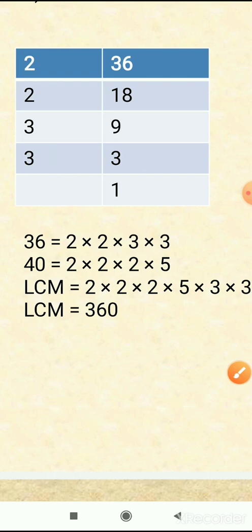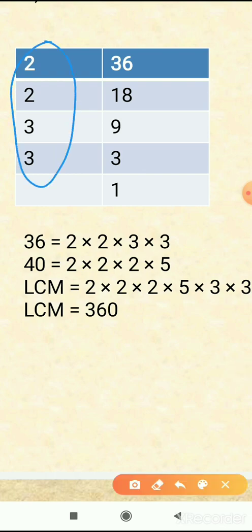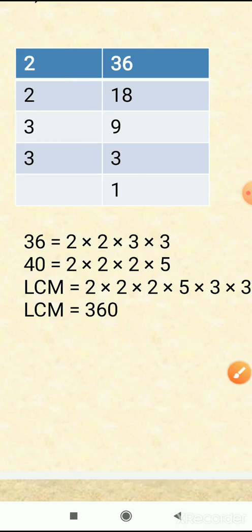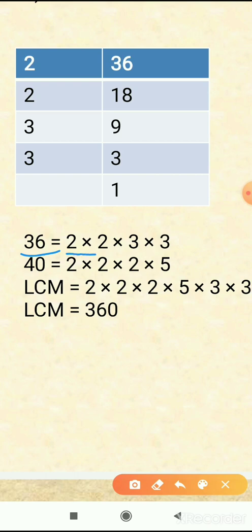Here all the divisors are prime numbers, so we get the prime factorization of 36: 2 into 2 into 3 into 3.